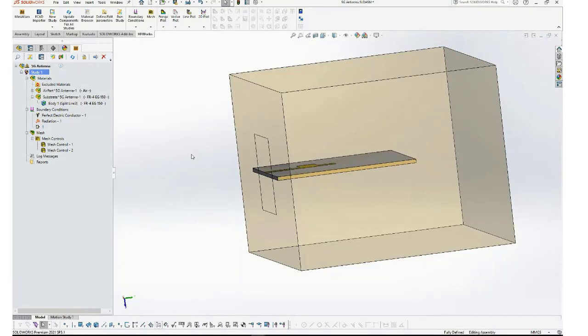So the learning curve for people who already know SolidWorks is really, really short. If you don't know SolidWorks, I'm an electrical engineer, and I found SolidWorks was quite easy for me to pick up the essentials. I'm not an expert, but I can get around and do things that I need to do easily. It's a very powerful tool and quite intuitive and easy.